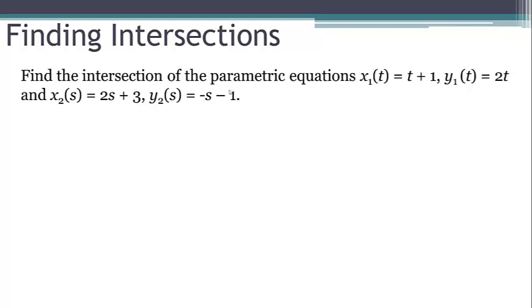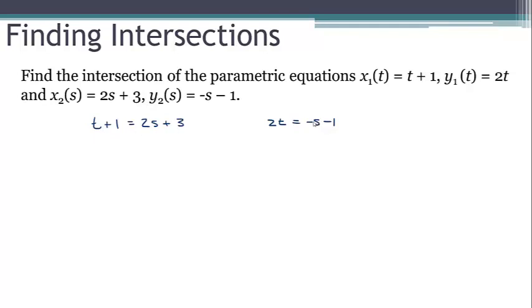If I set the x coordinates equal, I get t + 1 = 2s + 3. And if I set the y coordinates equal, I get 2t = -s - 1.